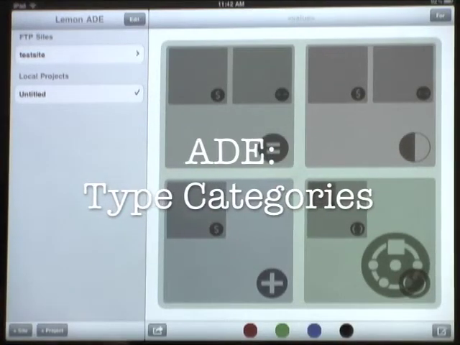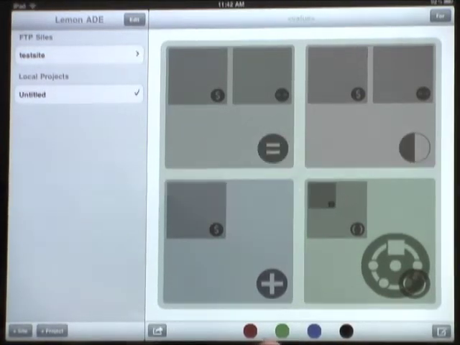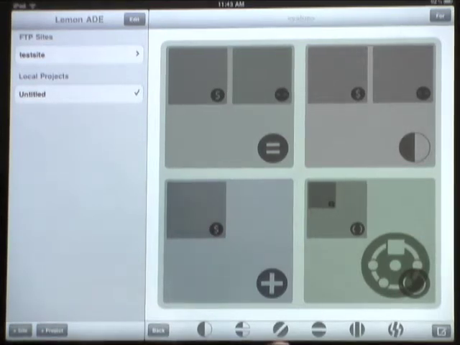For type categories, there are four main categories in the bottom that have a color associated to them. The first being red, which is for booleans and comparisons. So you have things like less than or equals, not equals, equals, or, and.